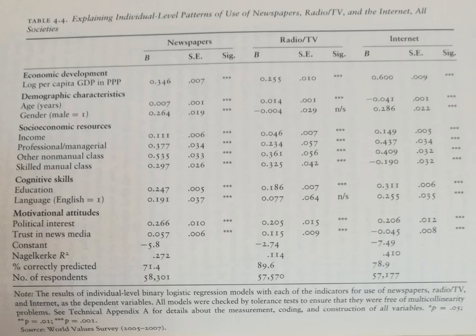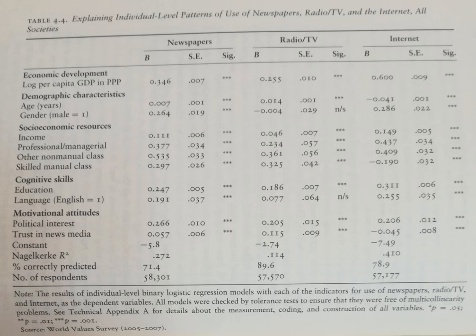In terms of cognitive skills, so education, the highest effect is again on the internet. The more educated you are, the more internet you'll use, the least radio and TV you'll use. And in terms of English speaking language people, the more English you speak, the higher chances you have to use the internet, with very few chances to use radio and TV.